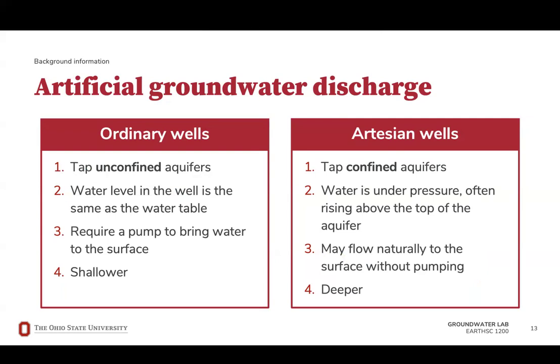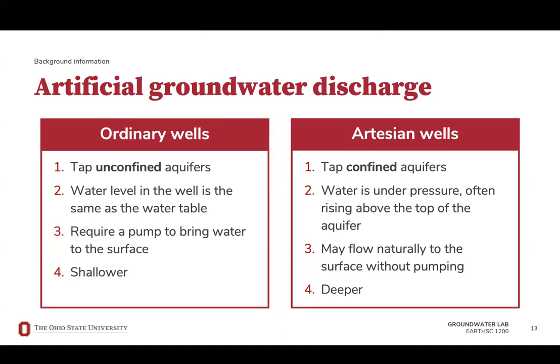On the other hand, artesian wells tap into confined aquifers where the water is under pressure. In some cases, the pressure is sufficient to cause the water to rise above the top of the aquifer and even flow naturally to the surface without the need for pumping. These are known as flowing artesian wells.